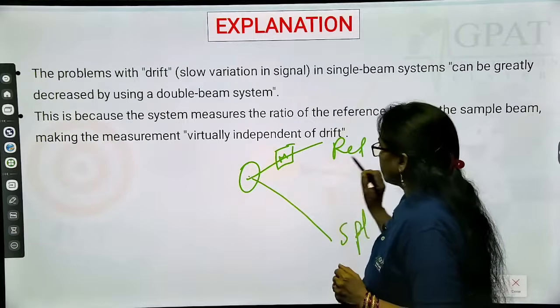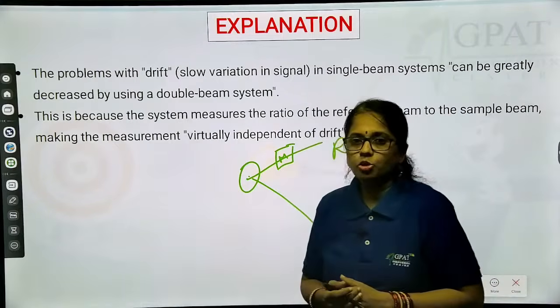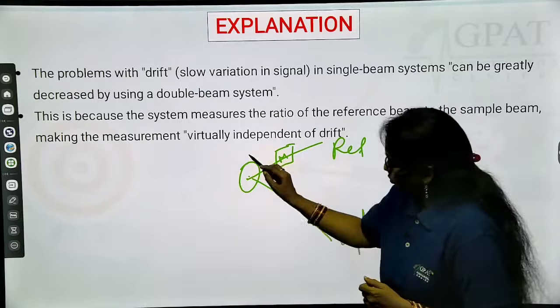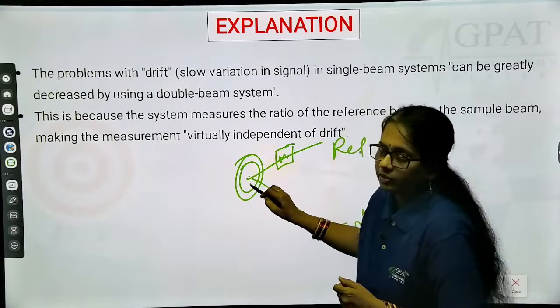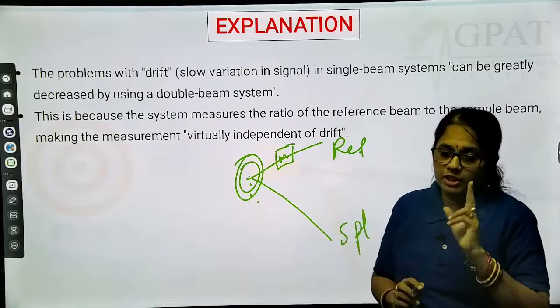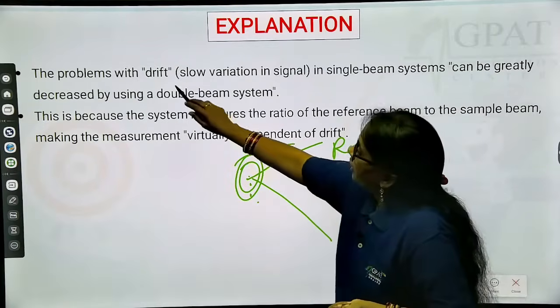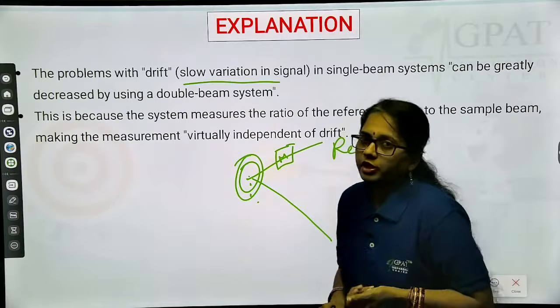But from the source, we are going to see two beams of the radiation. The source is only one, but it is being split into two beams. That's why it is called double beam. Okay, so in this case the slow variation in the signal.